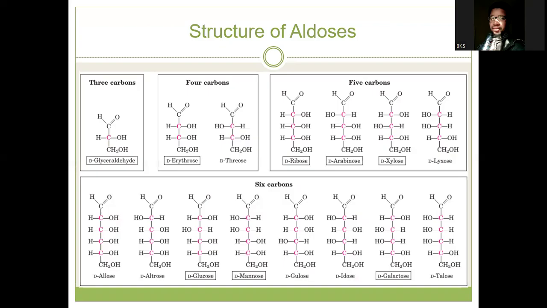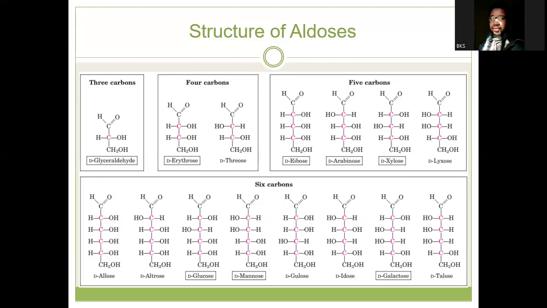So let's just look at some examples of these sugars. I'm looking at the structure and the differences based on the structure. For the structure of aldoses, here we have a 3 carbon sugar.